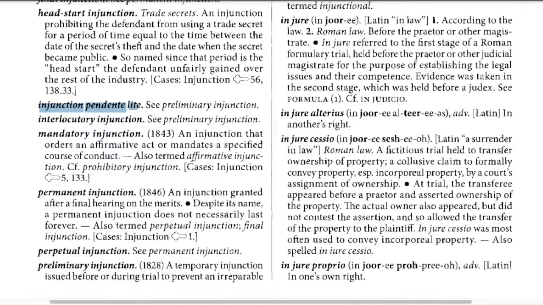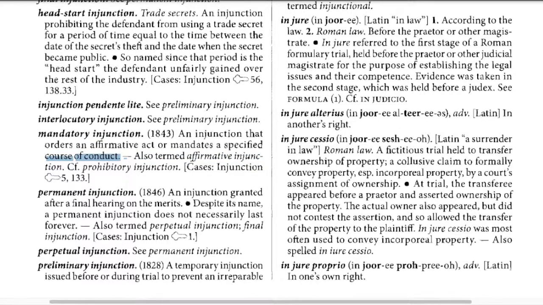Injunction pendente lite. Sounds like a good beer. Let's see here. Preliminary injunction is the interlocutory injunction. We got a mandatory injunction, 1843: an injunction that orders an affirmative act or mandates a specified course of conduct. That looks interesting.